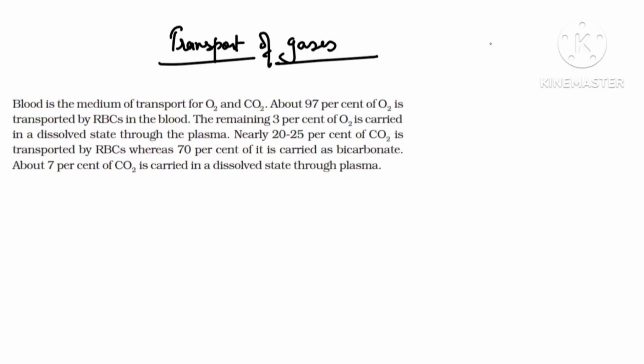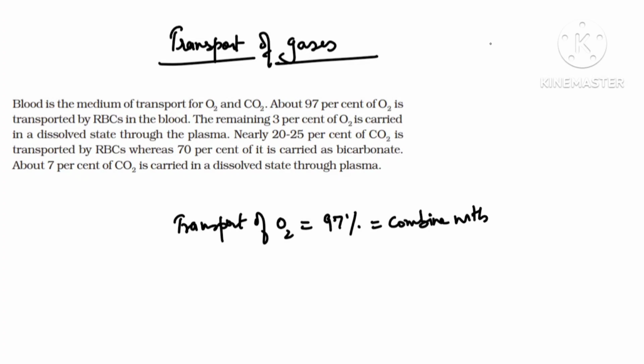In this video, we are going to study the transport of gases. Two main gases: one is oxygen, another is carbon dioxide. See carefully, beta, transport of oxygen will be done by two methods. First of all, 97% of oxygen will combine with the heme group.